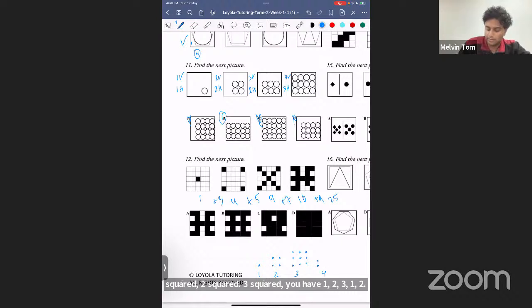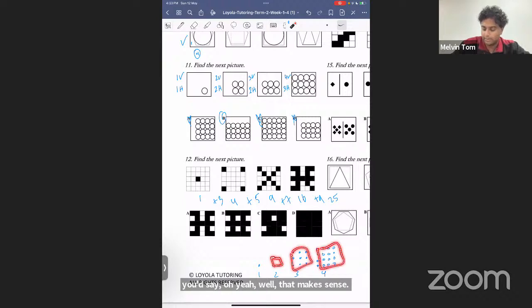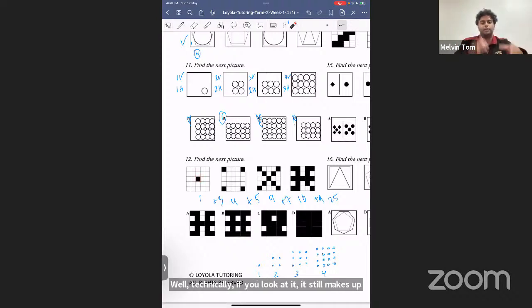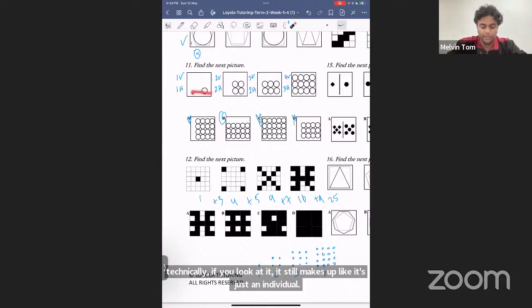Yep, always makes a square. But then you'd say, oh yeah, that makes sense. This is a square. This is a square. But 1 is just a dot. How is it a square? Well, technically, it's just an individual. It's like 1 across and 1 up. Similarly, this is 1 across and 1 up.